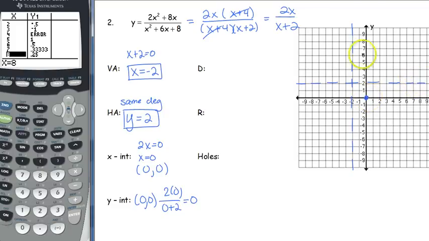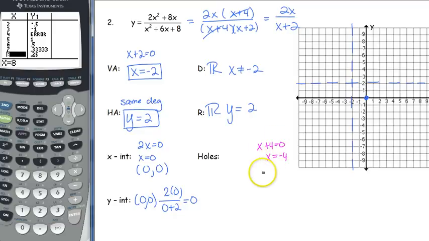So our domain, all possible x values, are all reals except x cannot be equal to -2. Our range, going up and down, our y's can be anything except it can't be a positive 2. So we look at our holes now. We had x plus 4 cancel out, which means x is equal to negative 4.